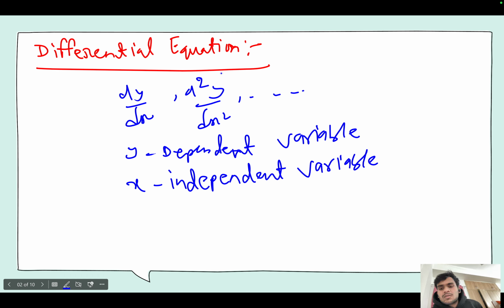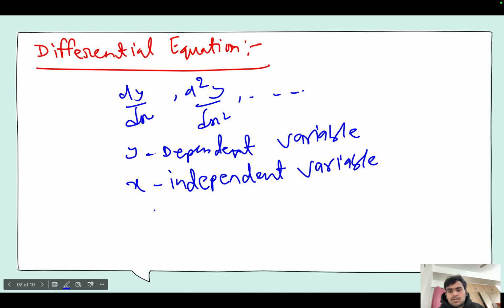In other words, we can say that an equation which involves the dependent variable, the independent variable, and the derivative of the dependent variable with respect to the independent variable is called a differential equation.